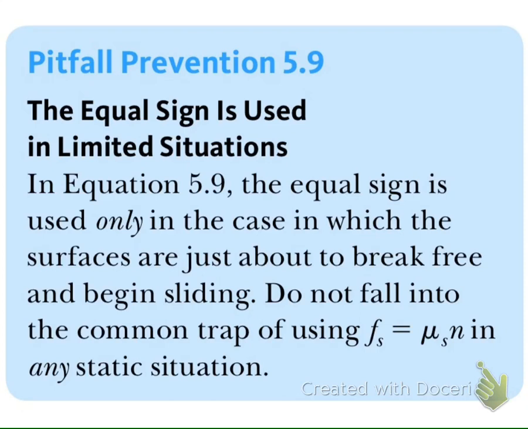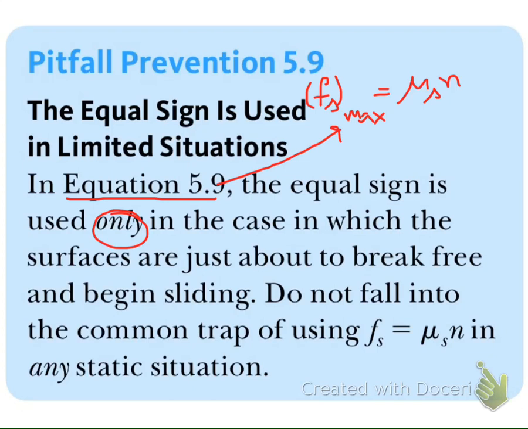There are some pitfalls that we have to be careful about when working with friction. First, the equal sign is used only in limited situations. In this equation, the equal sign is used only in the case in which the surfaces are just about to break free and begin sliding.